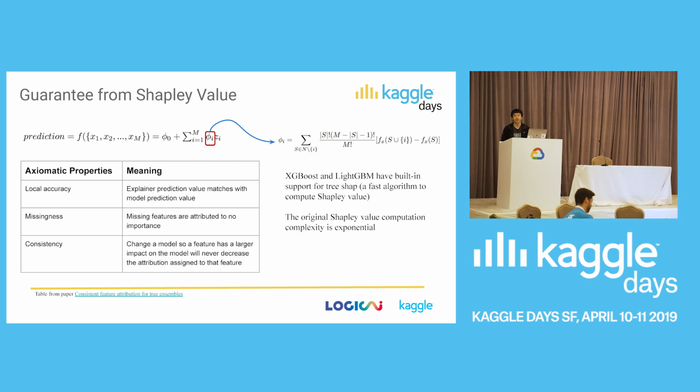Basically, you just need to track down all the branches in the tree. And what's better is XGBoost and LightGBM have built-in support for this algorithm, so it is very fast and helps you compute this Shapley value. So this is the story for tree models.